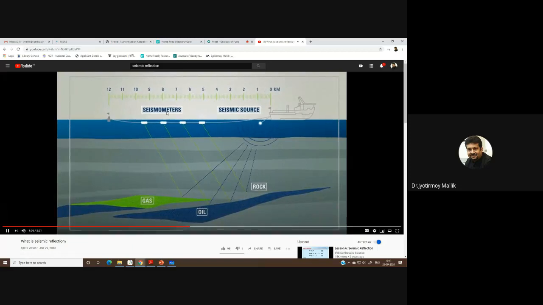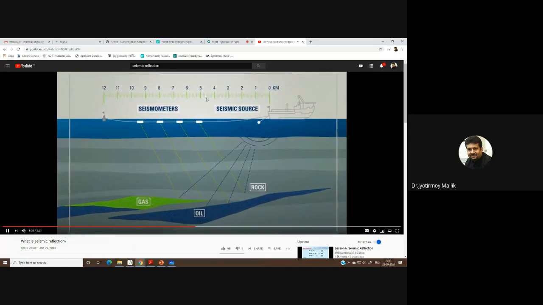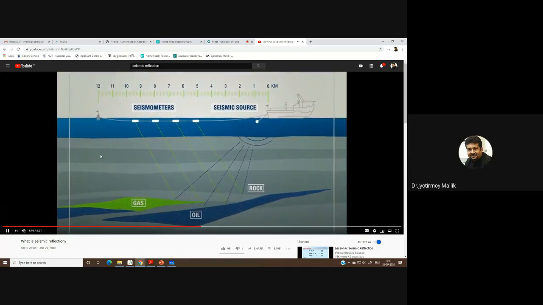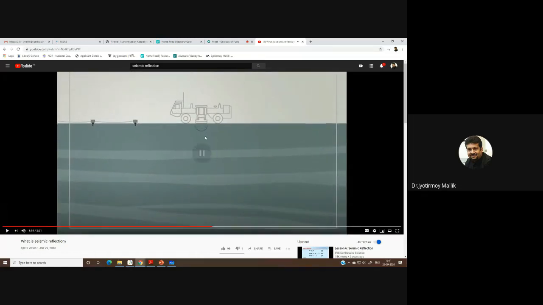These microphones, or the seismometers, are evenly spaced, as you can see, to get a good normalized picture. Okay, similarly, on land, you can see here there is, this is literally called a hammer. There is some hammering going on, a pretty heavy hammer for that matter, carried by a truck.